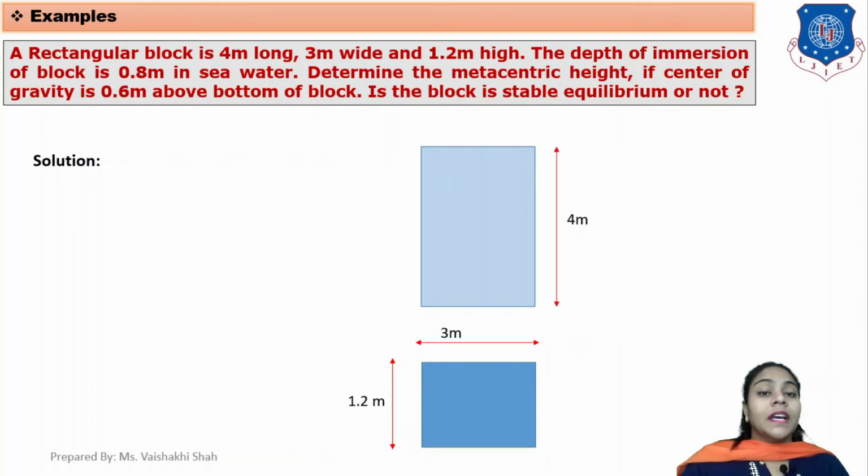So remember that for any example of the buoyancy chapter, first you have to draw the diagram, and the diagram consists of two things: elevation and plan.